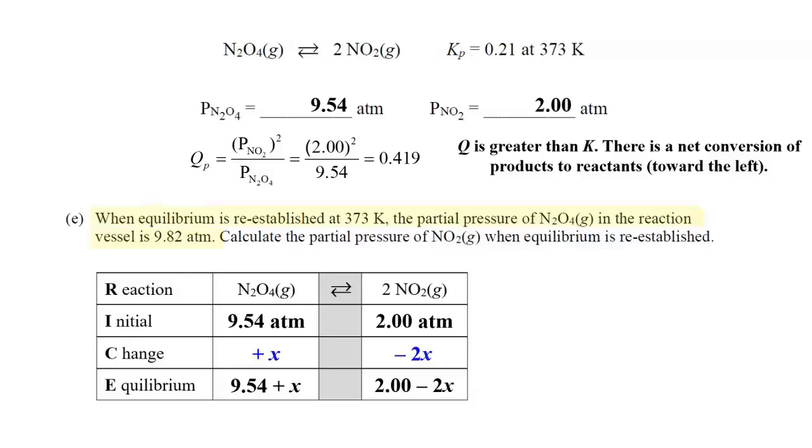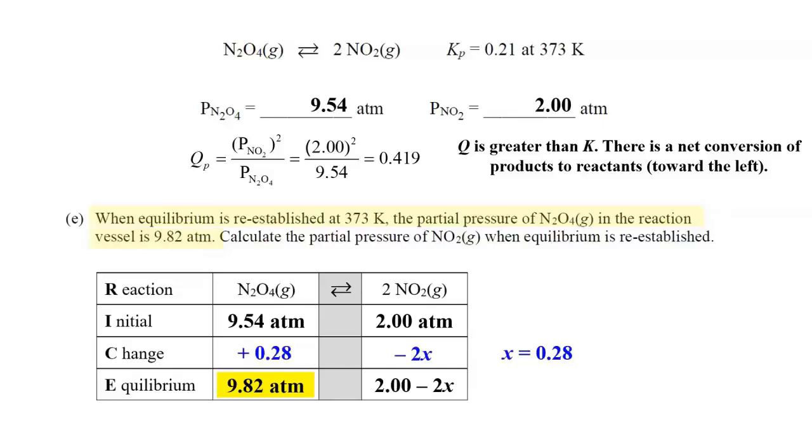Now that number that they gave us in part E is 9.82. That's the pressure of the N2O4 in the reaction vessel when equilibrium is reestablished. So 9.82 goes in the final row of the RICE table right here, 9.82. That's a difference of, so 9.54 plus 0.28 equals 9.82.